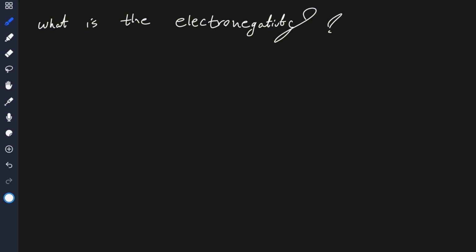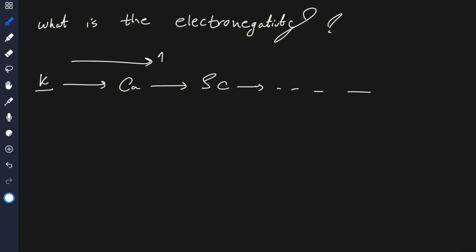For example, period 4: potassium, calcium, scandium, and etc. Electronegativity increases. As we move down a group, electronegativity decreases.